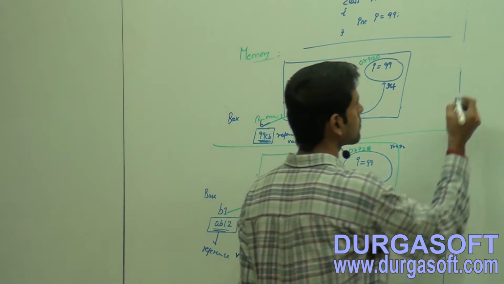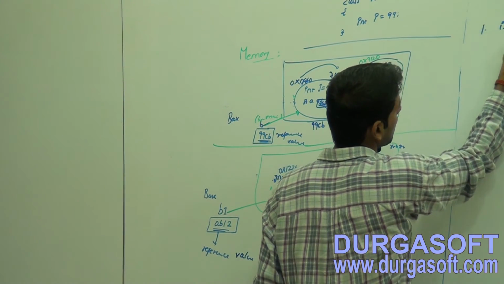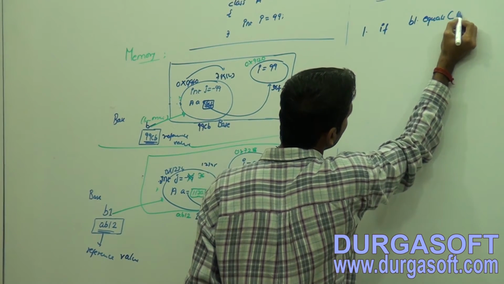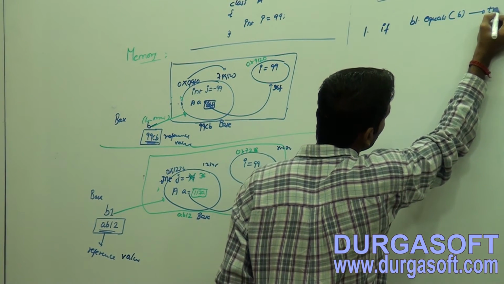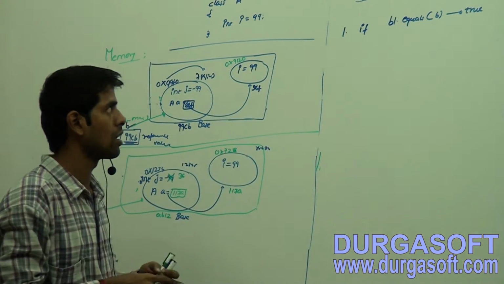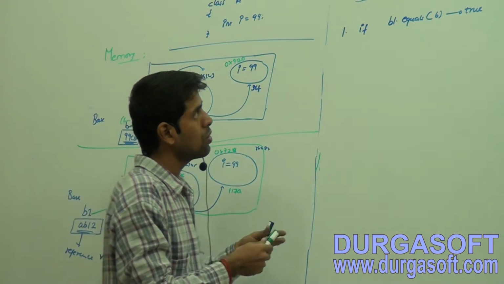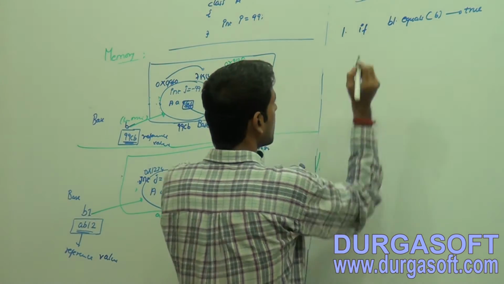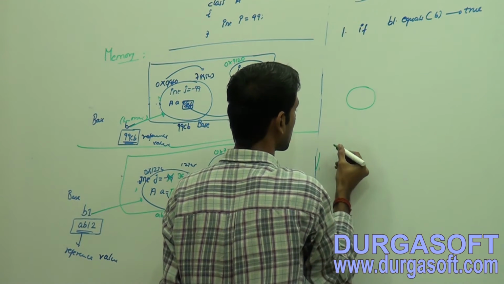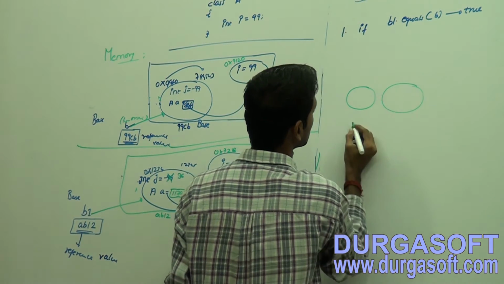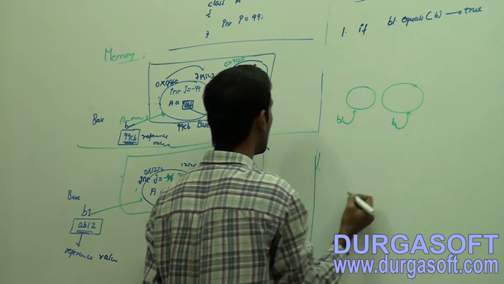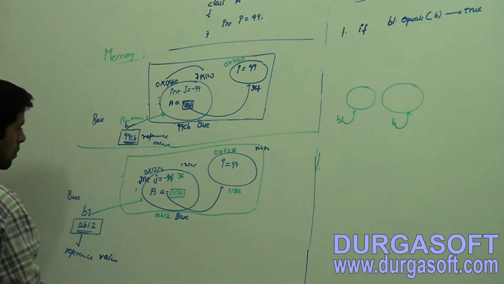Now if B1.equals(B) returns true, what is the meaning? Observe here, we have two objects, B1 and B. Now I am going to take only one data.